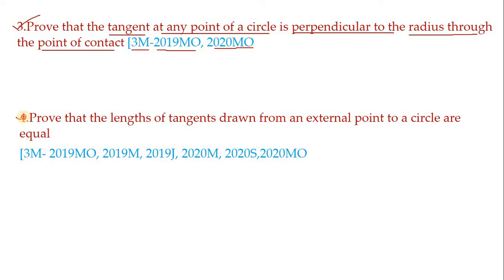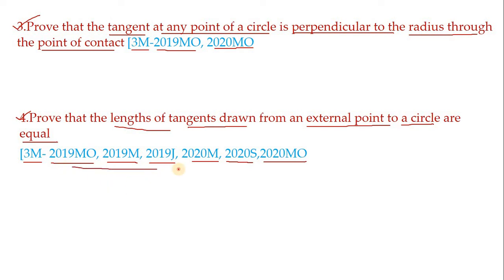Next, 4th problem: prove that the lengths of tangents drawn from an external point to a circle are equal. A 3-mark problem, as in the 2019 model question paper, 2019 March, 2019 June, 2020 March, 2020 September, 2020 model question paper. See in how many years they have asked. So it is very important.